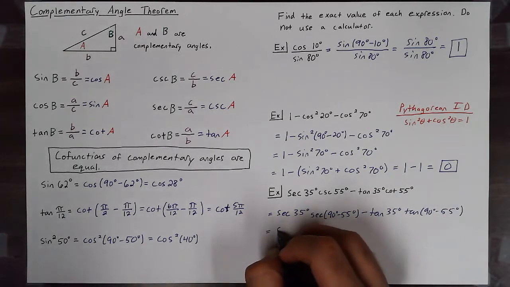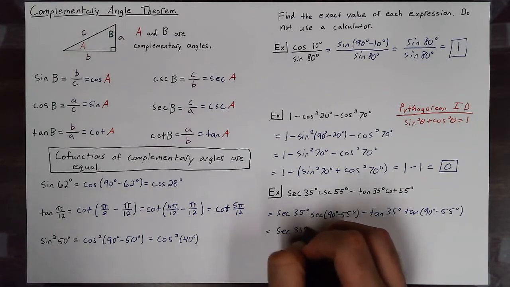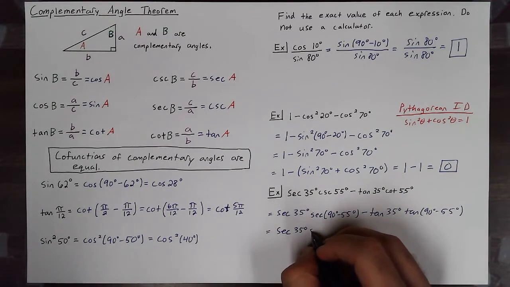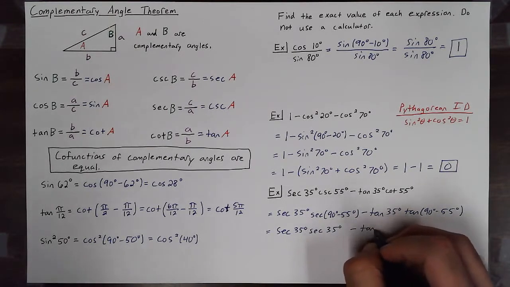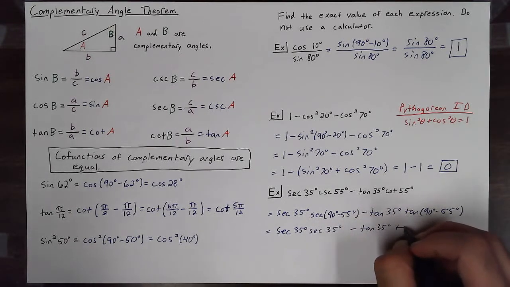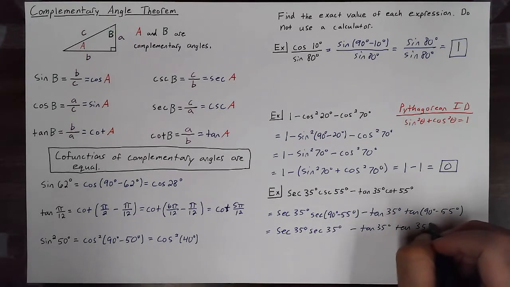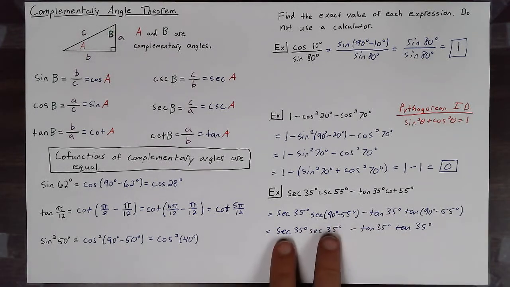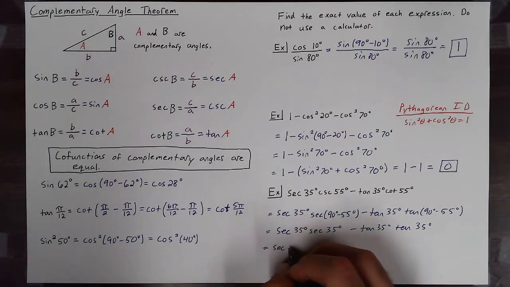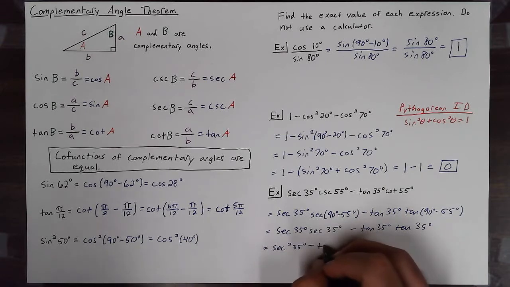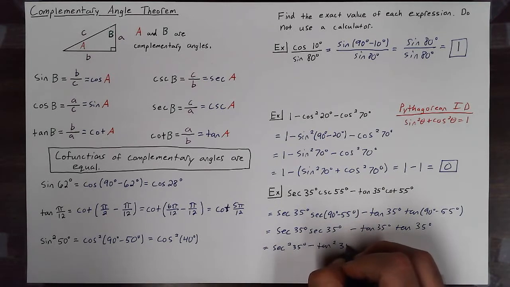Simplifying this, I get secant of 35 degrees times secant of 35 degrees minus tangent of 35 degrees times tangent of 35 degrees. Now all the angles are matching, and I also see that I'm getting the same thing twice. So I can rewrite this as secant squared of 35 degrees minus tangent squared of 35 degrees.